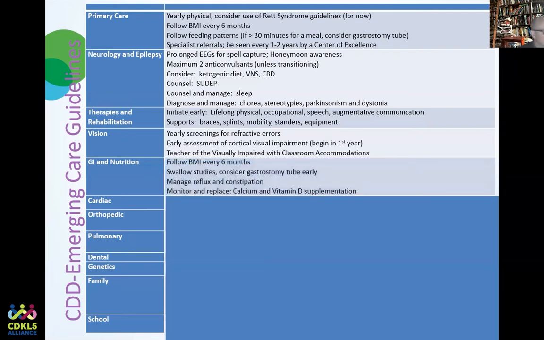For GI and nutrition, the body mass index needs to be followed every 6 months. If there's difficulty swallowing, then a swallow study should be considered. And this is an indication, as well as a plateauing weight, for gastrostomy tube placement. GI needs to manage reflux and constipation.